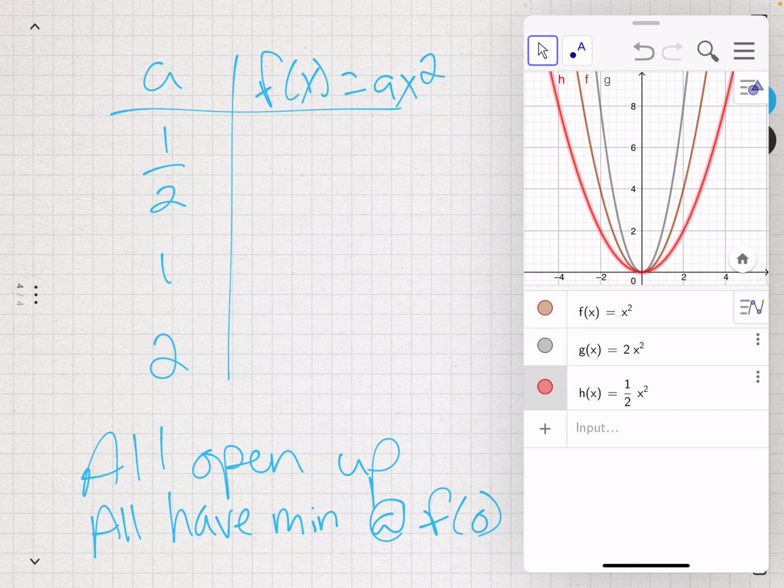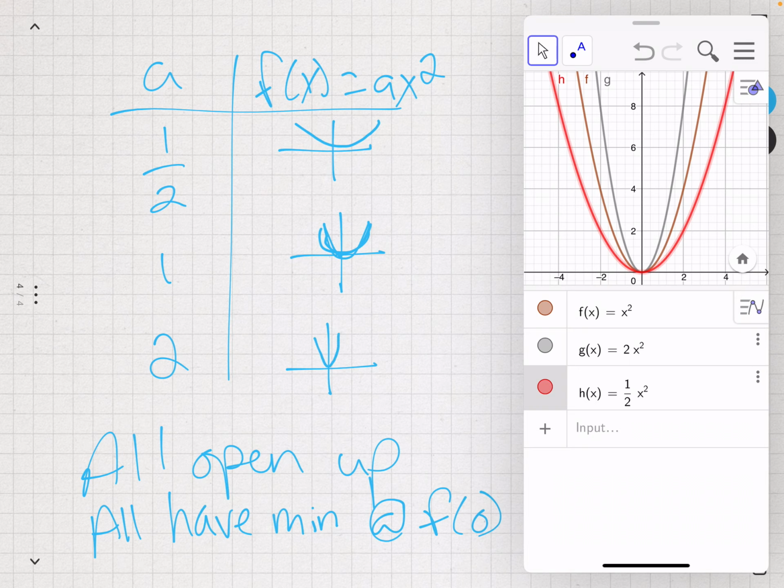But what we get is slightly flatter: the half is flatter, and 2 is steeper.